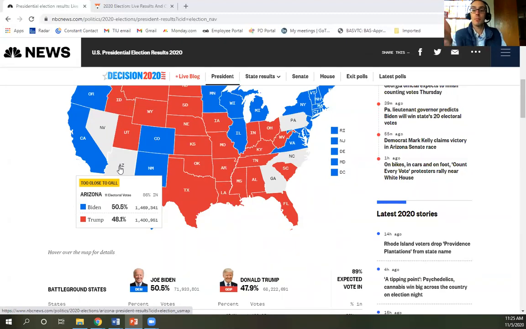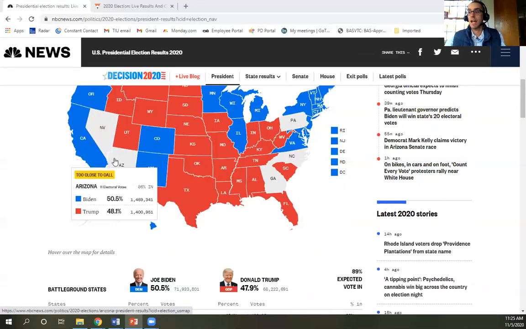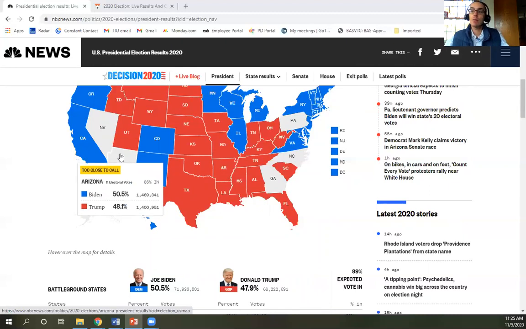So I think the Associated Press, I forget, there's all these different news organizations. Some have given Biden Arizona, and some haven't. It looks like just NBC News that I'm looking at hasn't given Biden Arizona yet. It looks like he might.